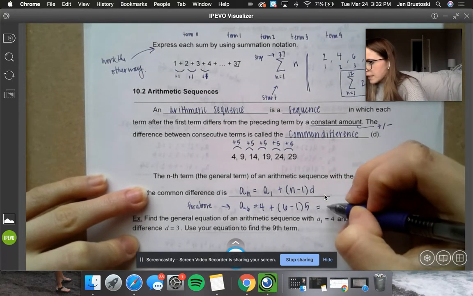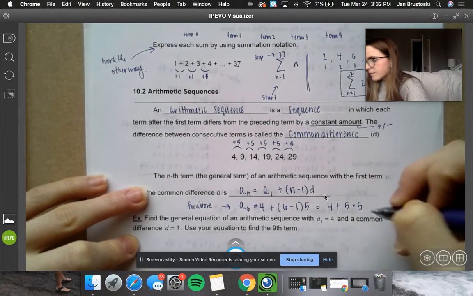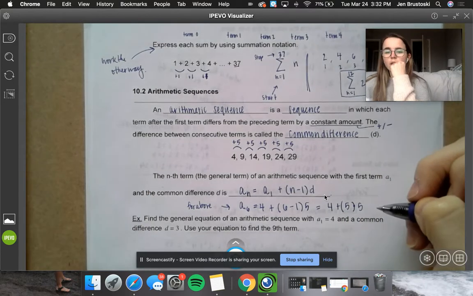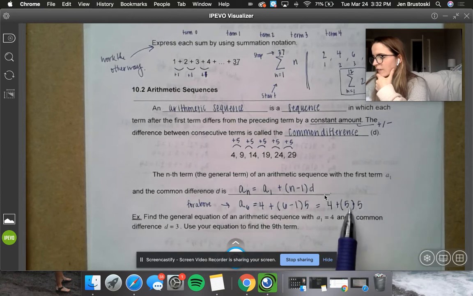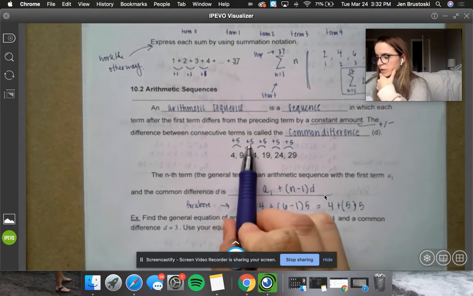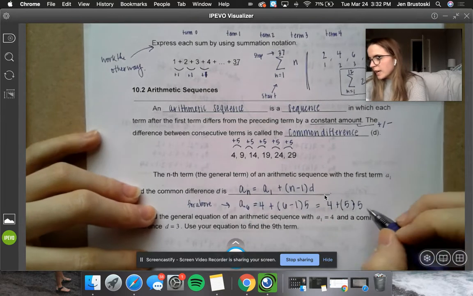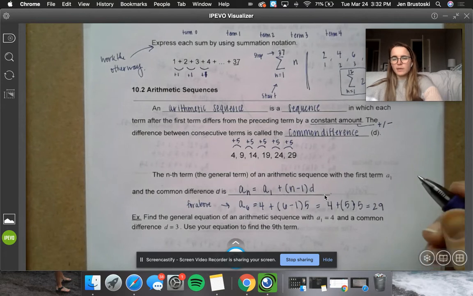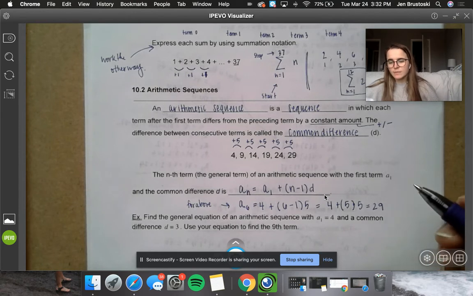So if I were to simplify this, I would have 4 plus 5 times 5. And there's a reason I'm not multiplying that out. So 4, that's our first term, and then I'm adding 5 times: 1, 2, 3, 4, 5. And we already know that our sixth term is 29. So this just shows us what's happening in that formula. To get to the sixth term, we have to add to the first term 5 times.